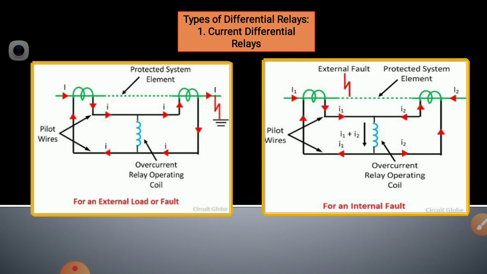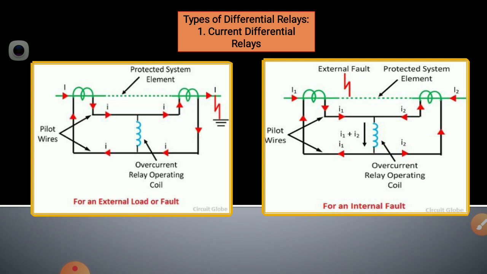So, in other words, the differential current will be proportional to the phasor difference between the current entering and leaving the protected element, and if the differential current exceeds the relay pickup value, the relay will operate.